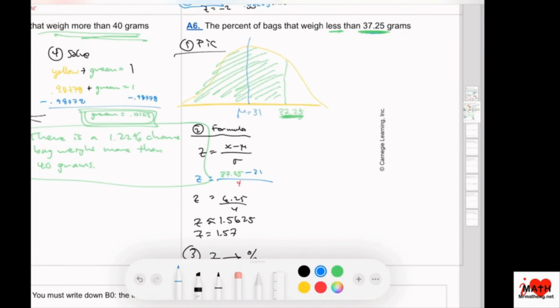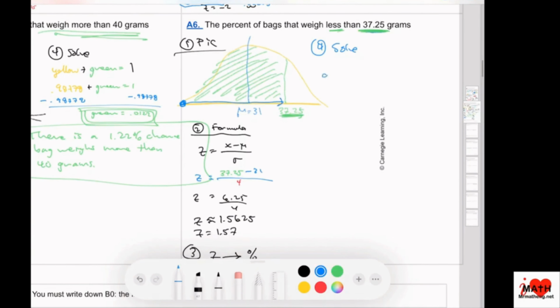So number 4 is solving it. Well, remember, the z-score is always going from left to that number. So the green area is basically 0.94179.